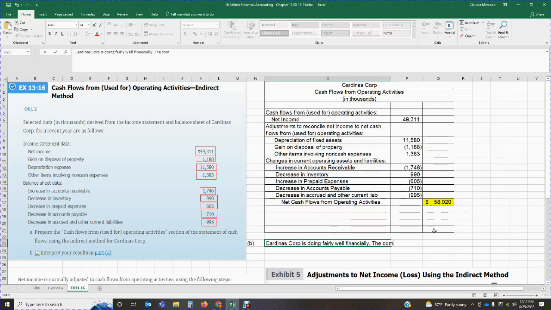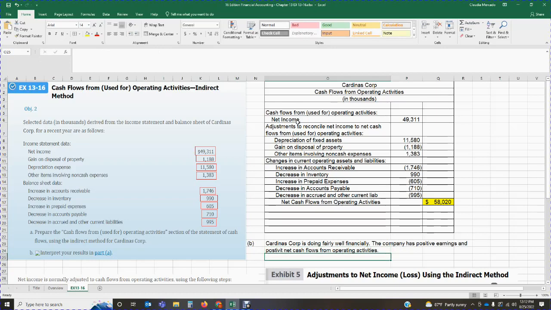The company has positive earnings and positive net cash flows from operating activities. So if we can see here, we have net income of $49,311, which is a good sign. We have a positive cash flows from operating activities of $58,020. So that shows that the company is doing well, okay?